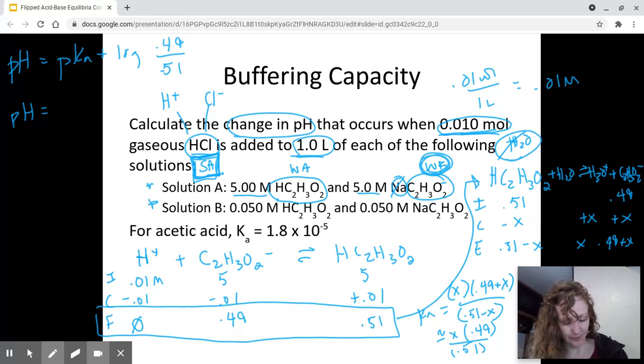Here we go. And it's acetic acid, so the Ka is the same.